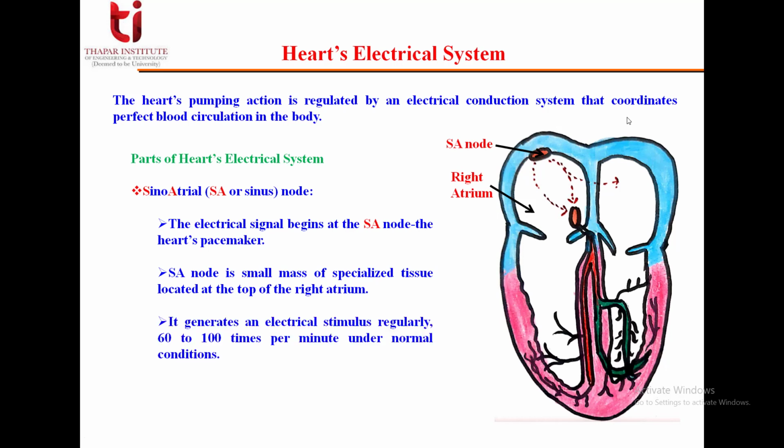It generates an electrical stimulus regularly, around 60 to 100 times per minute under normal conditions. This electrical impulse causes the atria to contract, pushing blood down into the ventricles. So if the atria contract, that will push blood down into the ventricles.